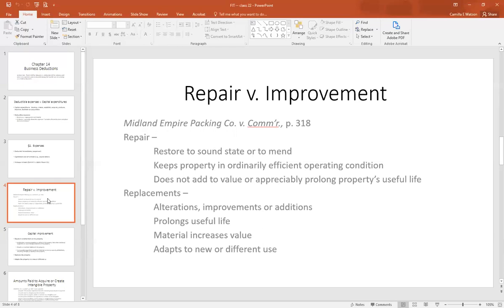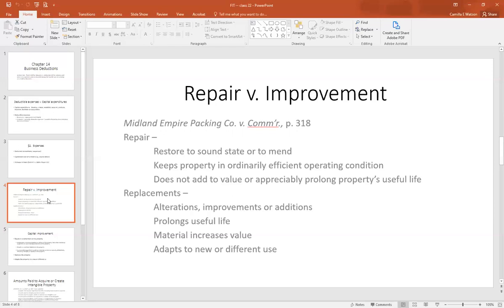A capital expenditure, on the other hand, is a replacement, alteration, improvement, or addition that prolongs the life of the property, increases its value, or makes it adaptable to a new or different use. The tax court in Midland Empire Packing found that the expenditure incurred by this taxpayer was a repair that served to keep the property in an operating condition over its probable useful life for the purpose for which it was acquired.